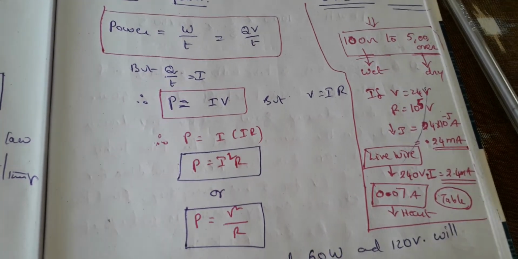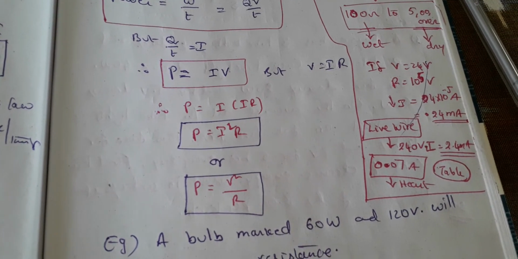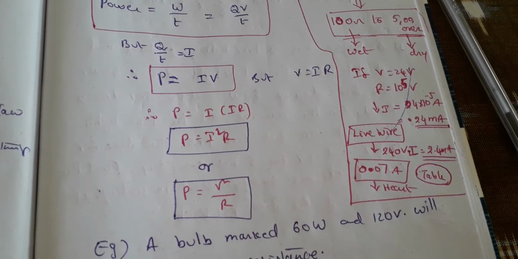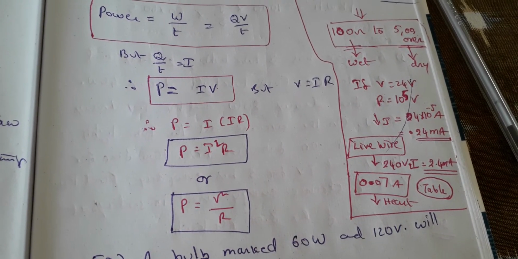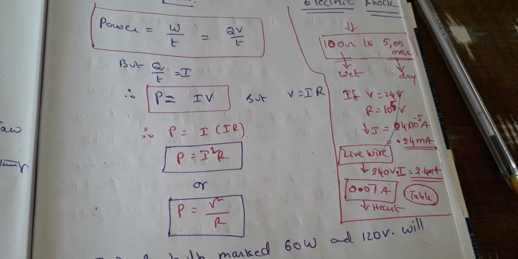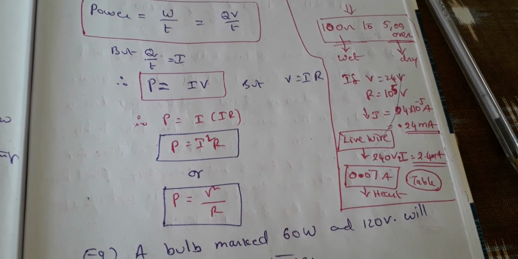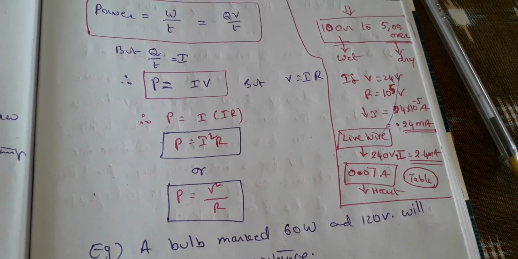But if you go with our household, it is connected with a live wire connection of 240 volts, and in that case you are going to get 0.0024 amps or 2.4 milliamps. So this is going to affect our body a lot.